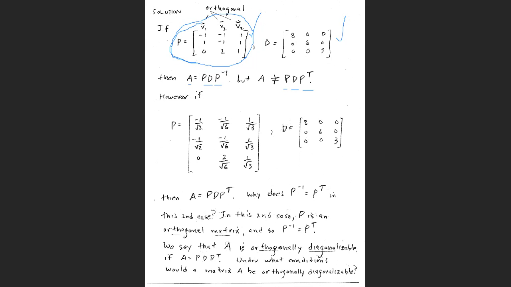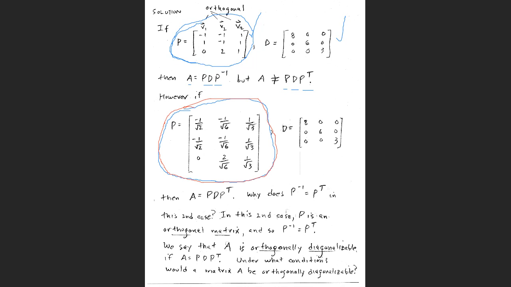But what we're going to do is define another matrix P, which I'll circle in red. Remember, if you have an eigenvector, any multiple of an eigenvector is also an eigenvector.